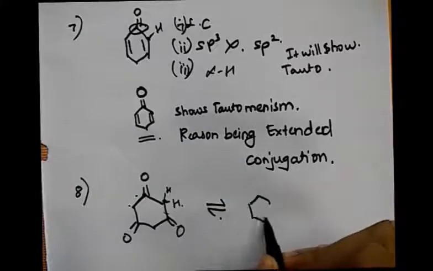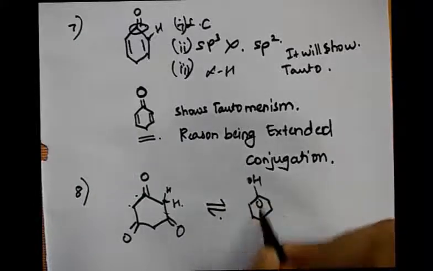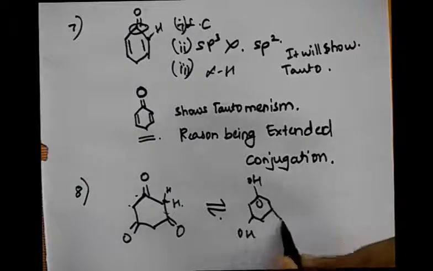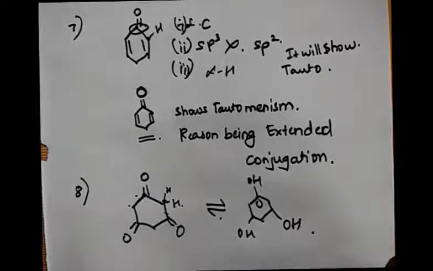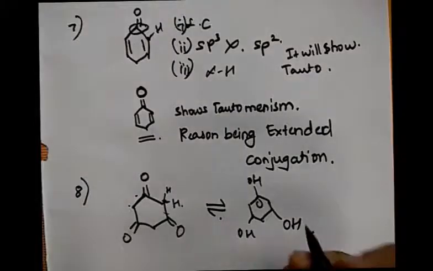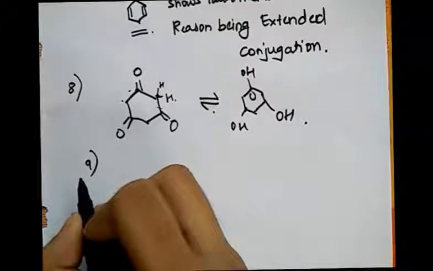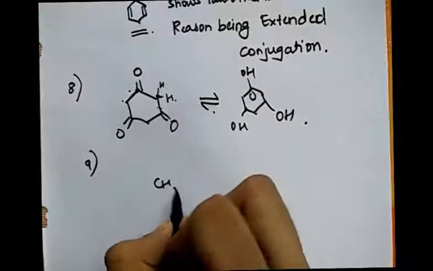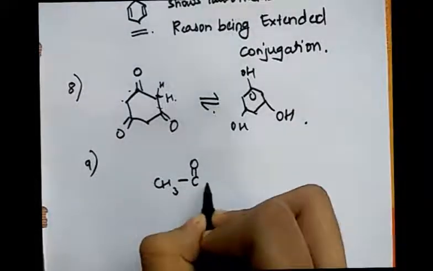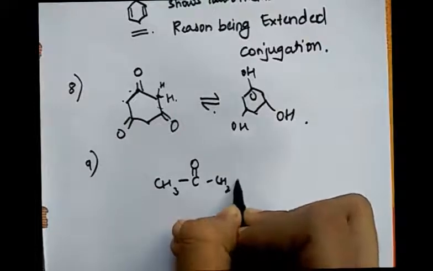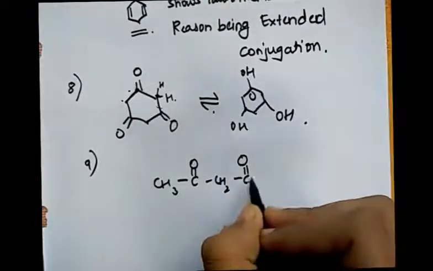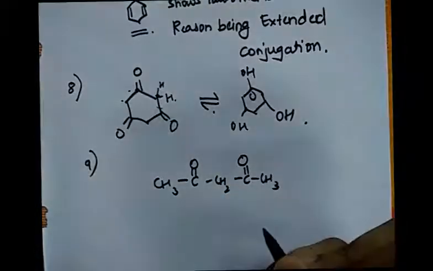So this will become like this. This one is easier but looks good. We'll take another example here, the ninth example. Ninth example, we'll see CH3, C double bond O, CH2, C double bond O, CH3.